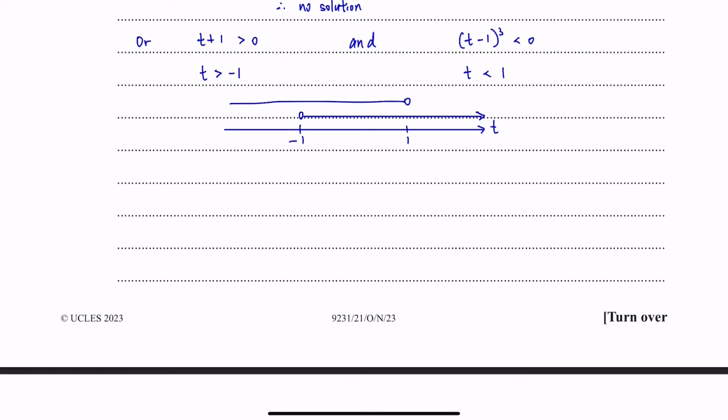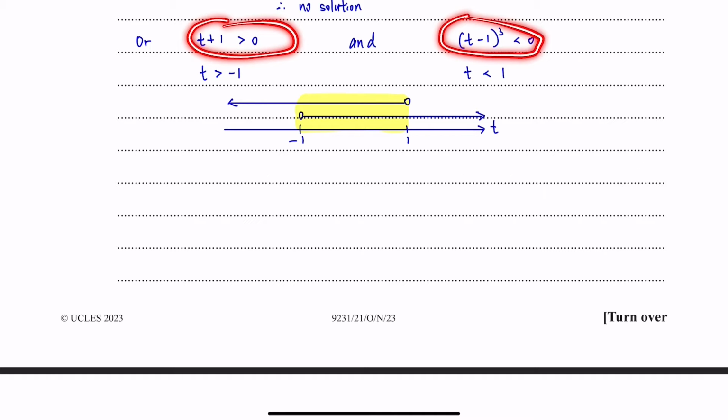T less than 1 is here. So you can see that there's an intersection here. This part is when both of these inequalities are true. So we can say that negative 1 is less than t and t is less than 1. So t will be in between negative 1 and 1.